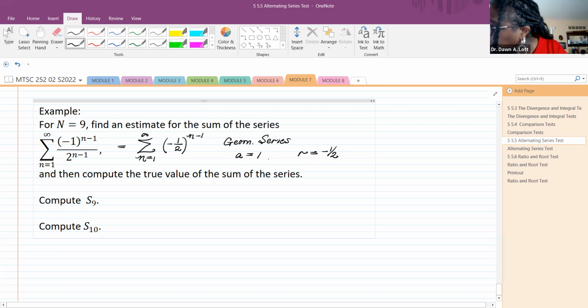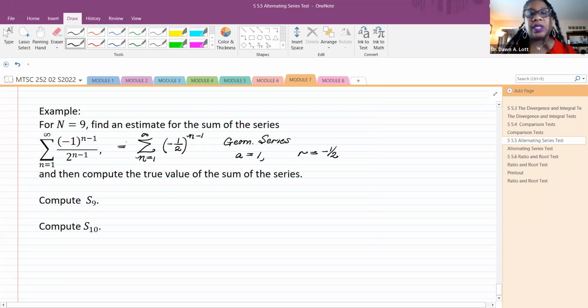So a is 1, and r is what gets raised to the n minus 1. In order for this to converge, what is the criterion for a geometric series to be convergent? The geometric series converges under what condition?